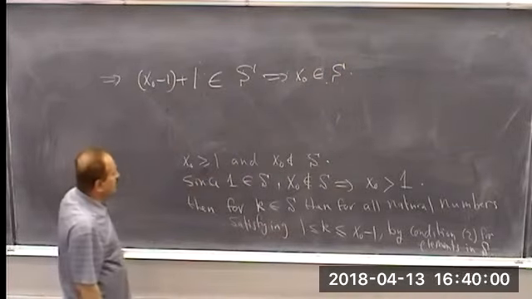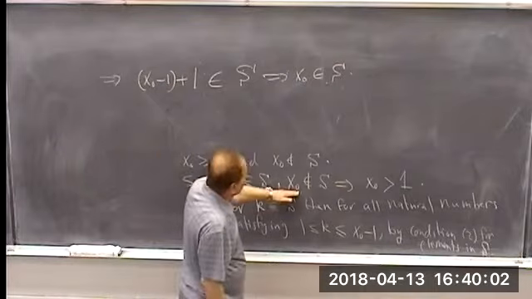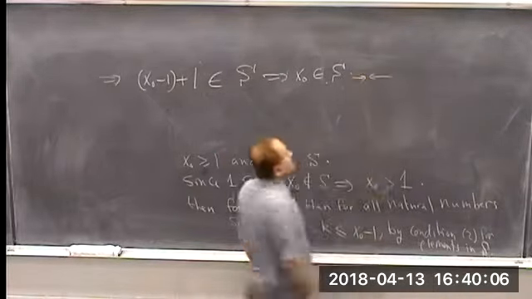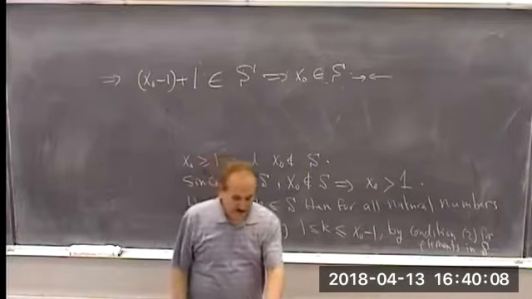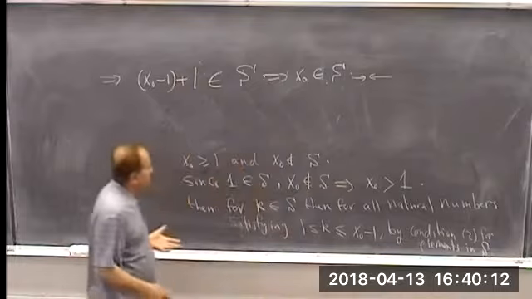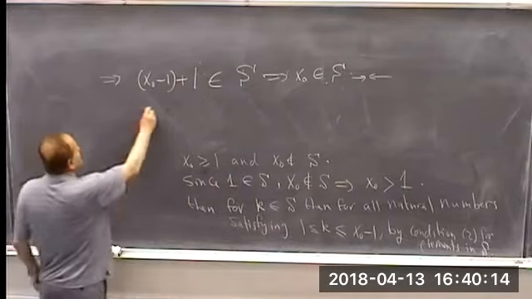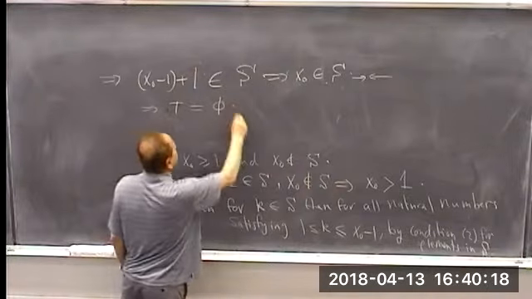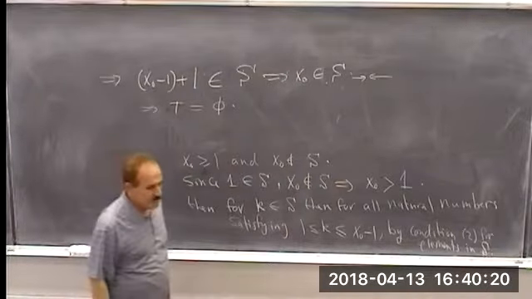Well, we have a contradiction, because we know that x sub 0 is not in S. So this is a contradiction, which means, again, if we go back, this implies that T must equal the empty set.